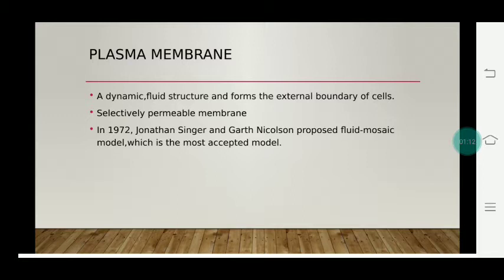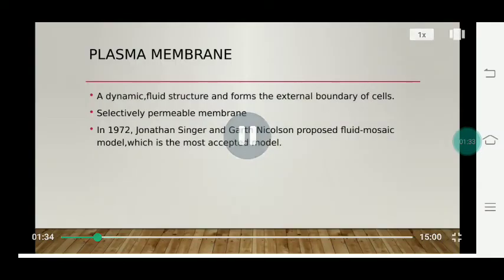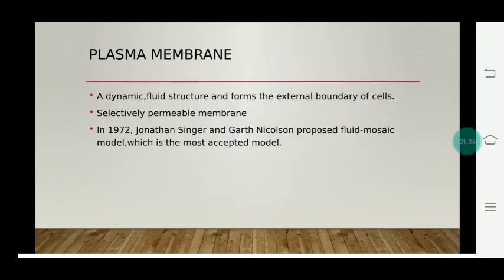So the plasma membrane covers the cell externally. It acts as a selectively permeable membrane and regulates the molecular trafficking across the boundary.